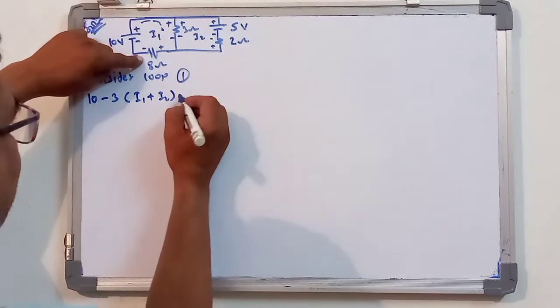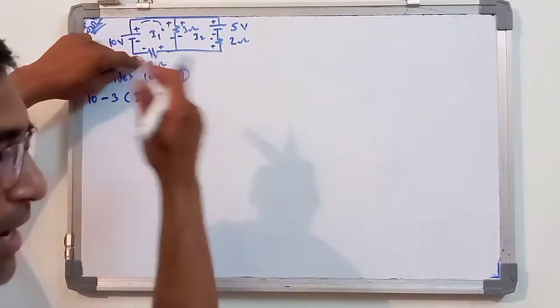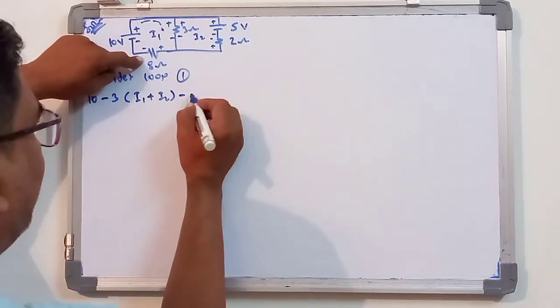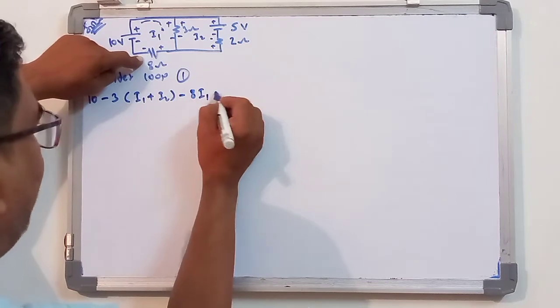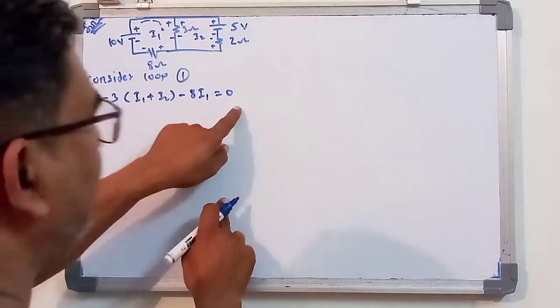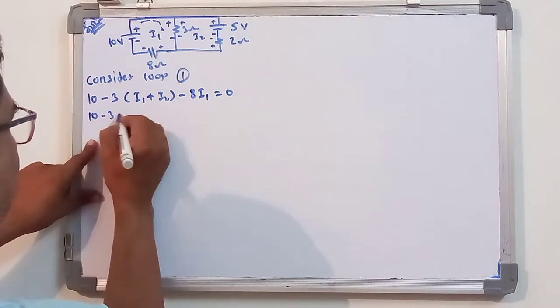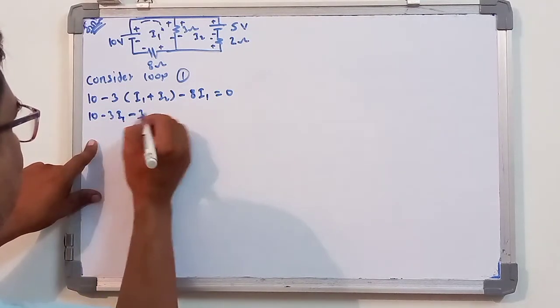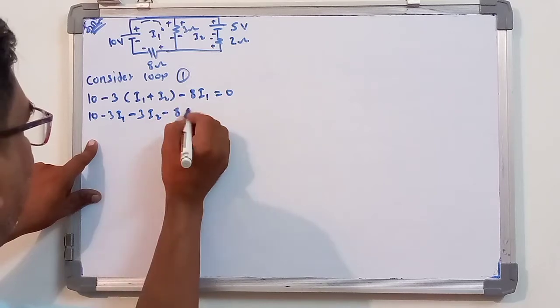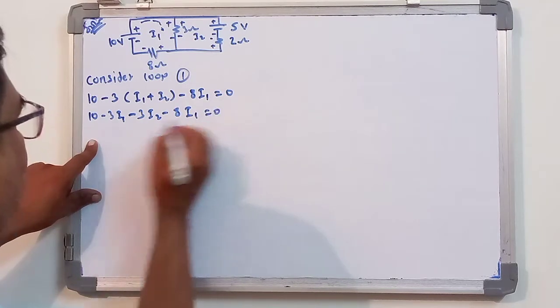Next, the third resistor: mark the last point, that is -8 I1, is equal to 0. Now rearrange the terms and you will get 10 minus 3I1 minus 3I2 minus 8I1 is equal to 0.